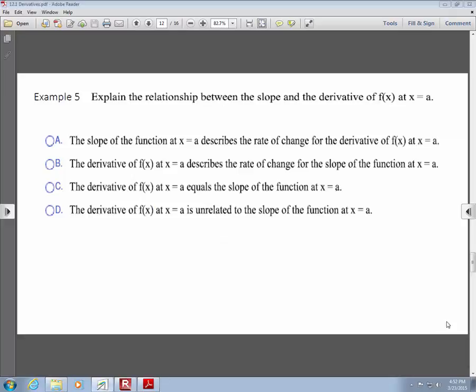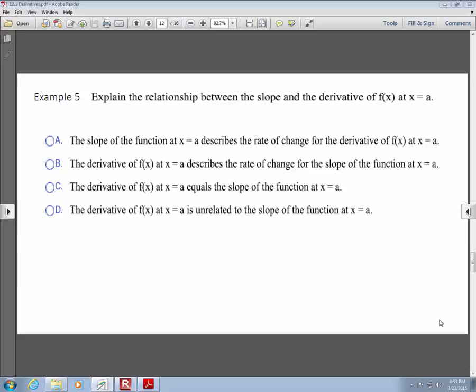And here's another problem. It says, explain the relationship between the slope and the derivative of f of x at x equals a.